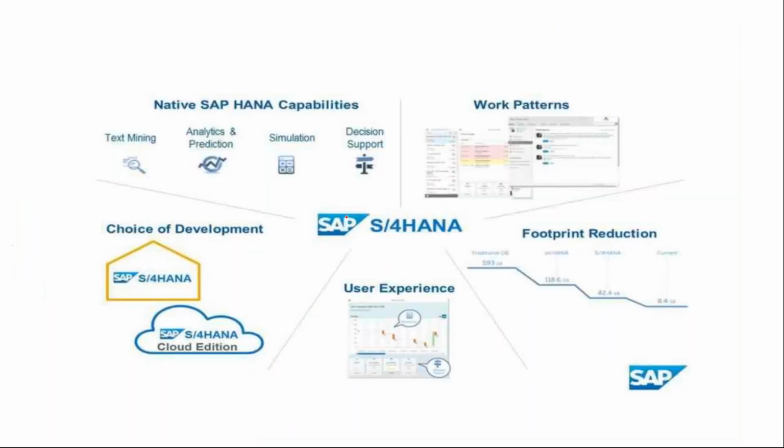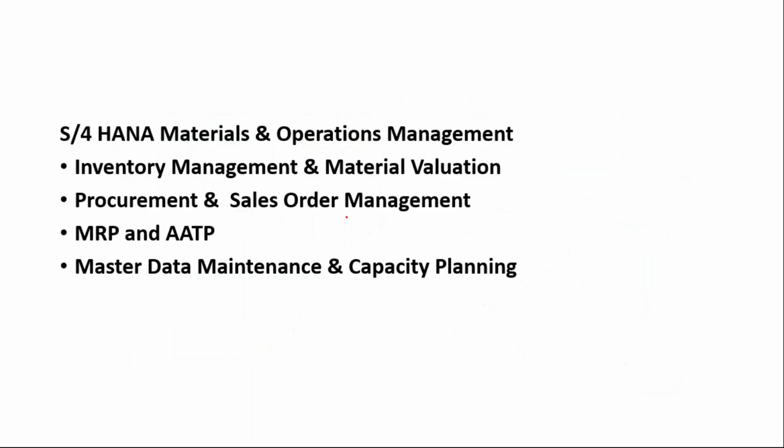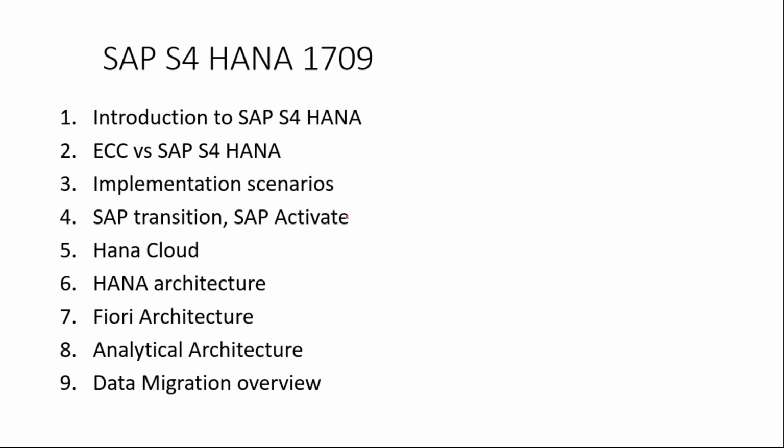Okay, so when you talk about the capabilities of SAP S/4HANA, yes, we'll be discussing all these capabilities in terms of how it is used for analytics, simulations, and text mining. All these things we'll be discussing in our subsequent sessions. But as of now, we will be discussing the core structure. So we'll be starting tomorrow, because tomorrow we're expecting more people to join.